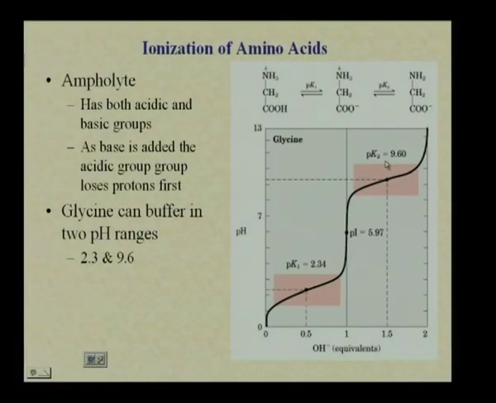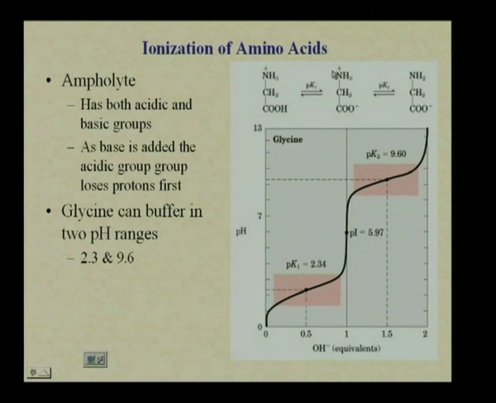Now, I keep on going with the titration. When I come to this point, what do I have? I have equal amounts of this form, which is now my A minus, and my HA, which is this, right.